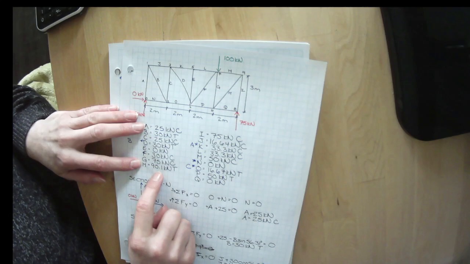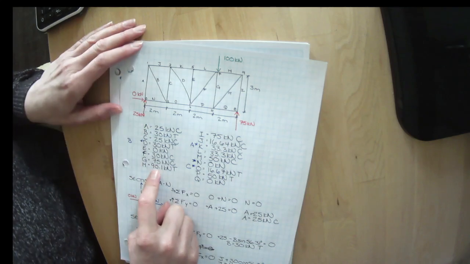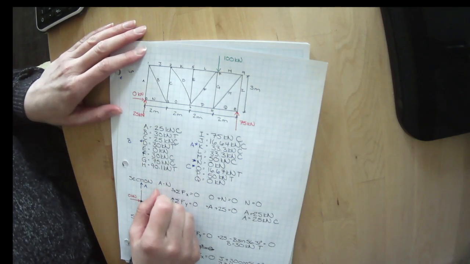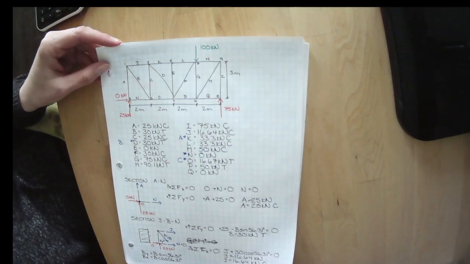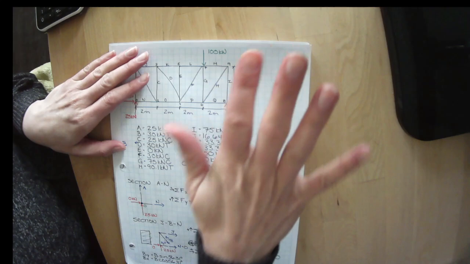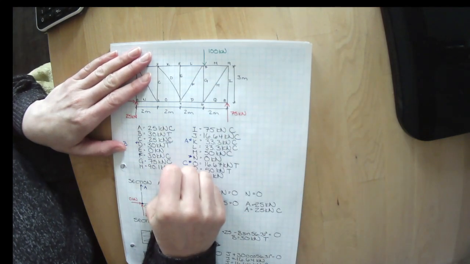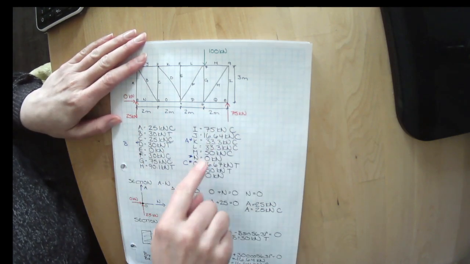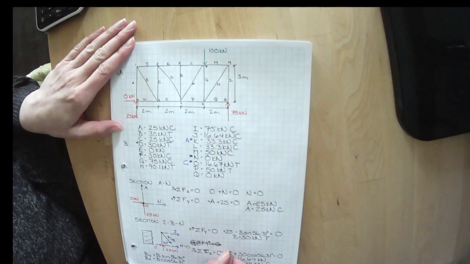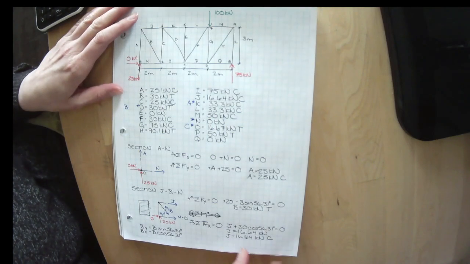Member H needs to be able to resist 90.1 kilonewtons in tension. And remember, the whole point that we're trying to do is to make sure that the capacity, or the reduced capacity, is greater than the factored load. We have figured out the loads in every member of this particular truss.